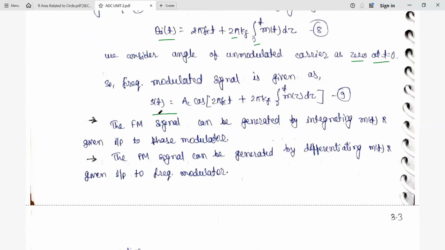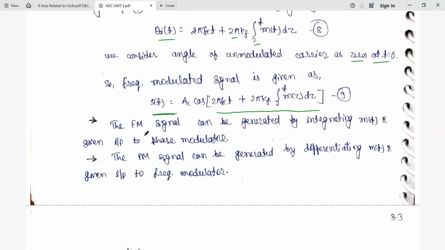This equation you need to remember: AC cos of 2 pi fct plus 2 pi kf integral of m of tau d tau over 0 to t. This is the standard equation of the FM wave. On that basis, if some equation of an FM wave is given, how we can recognize the different parameters, we'll discuss with the help of numericals in other lectures.